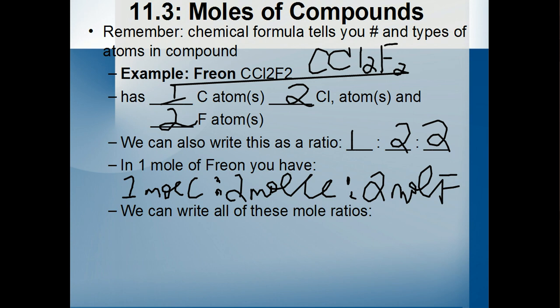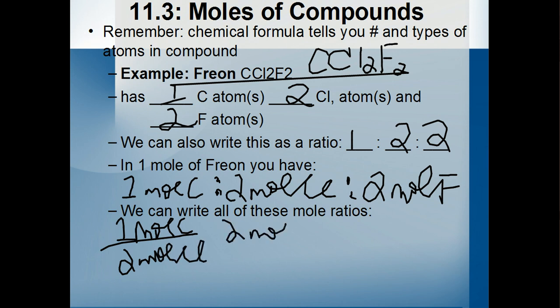You can write mole ratios as a fraction, and that's how we use them in our dimensional analysis as our conversion factors. We could say we have 1 mole of carbon to 2 moles of chlorine. We could reverse that and say we have 2 moles of chlorine to 1 mole of carbon.